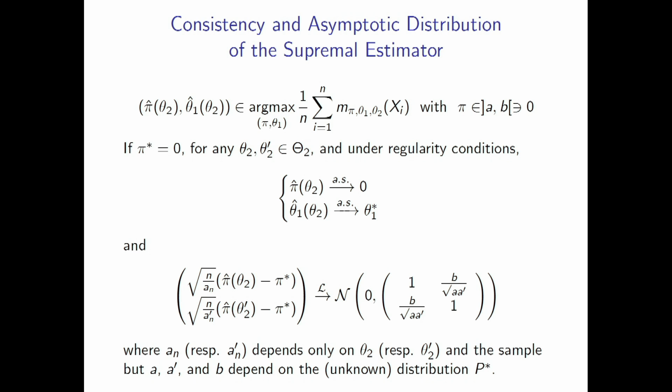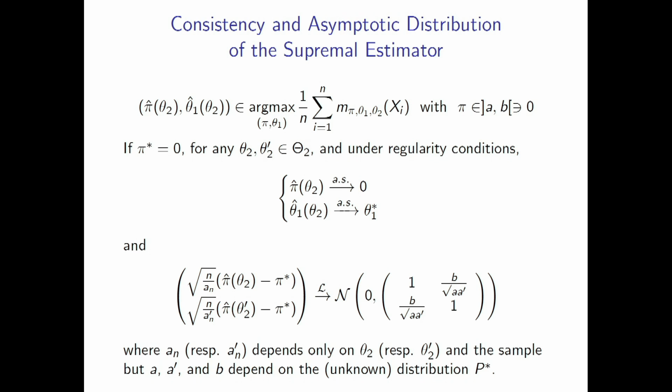In this formula, a_n depends on the sample. We had to, because we wanted to estimate the variance of π hat, and B, A, and A prime depend on π star. So if we want to use it for statistics, we'll have to estimate them, and we'll see how.